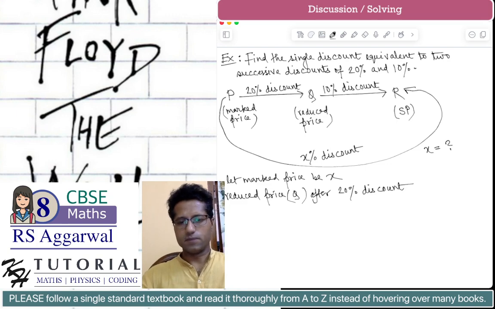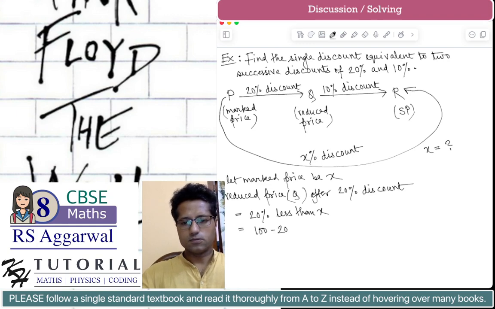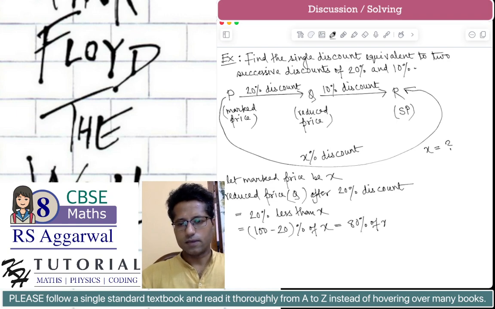Reduced price after 20% discount will be equal to 20% less than X. This is equal to 100 minus 20% of X. This is equal to 80% of X. This is equal to 80 by 100 multiplied by X, and this is equal to 4X by 5.